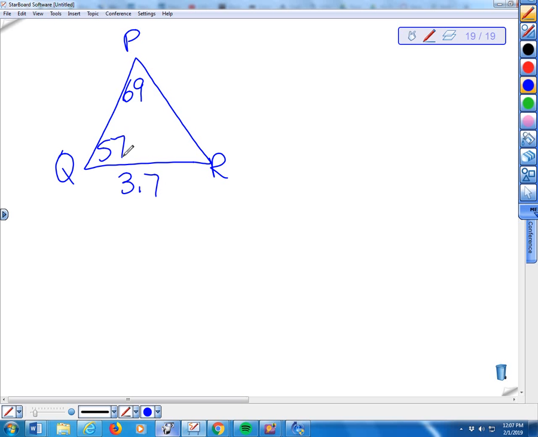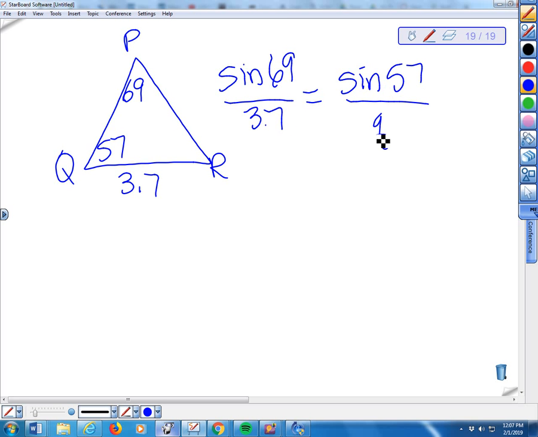Well, I can use law of sines. So I'm going to multiply 3.7 times the sine of 57 and divide that by sine of 69. So this side is 3.3.